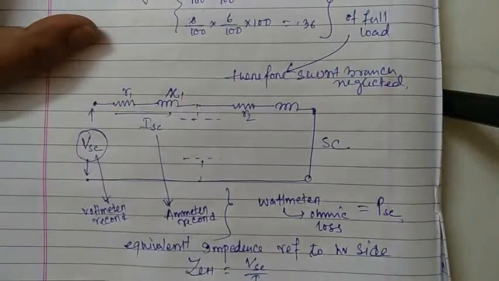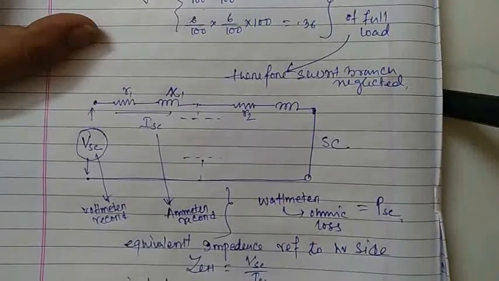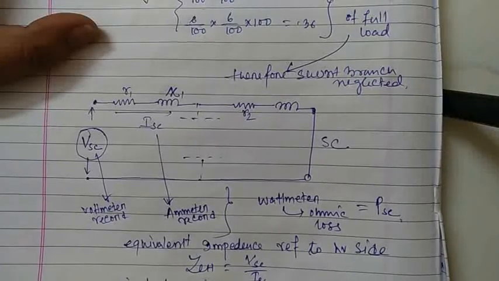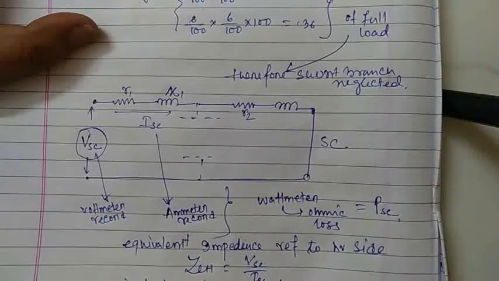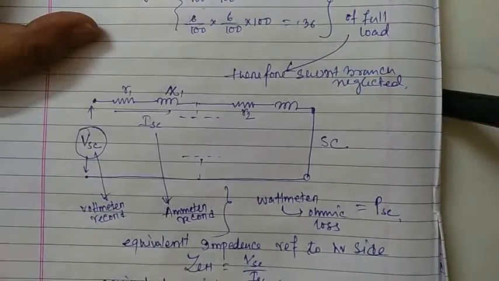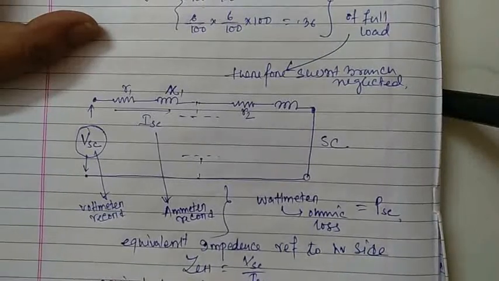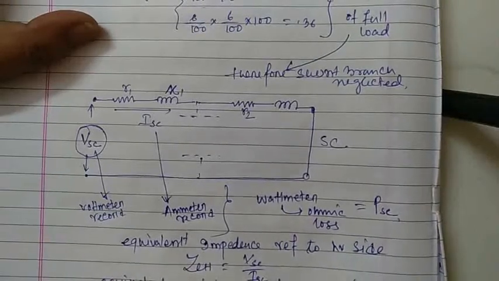Similarly, the equivalent resistance referred to HV side is written as REH, which is nothing but PSC divided by ISC square.